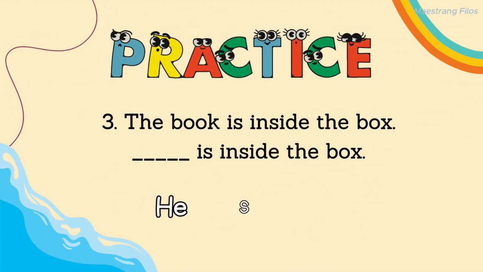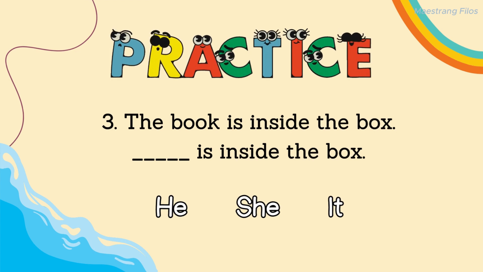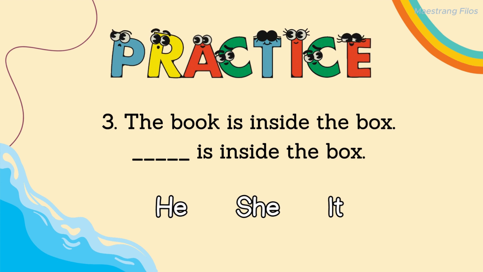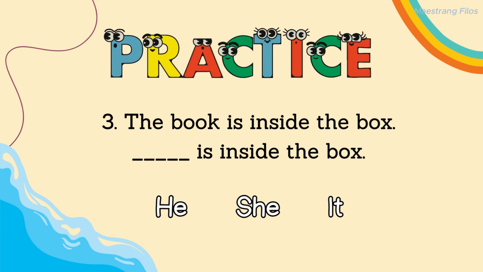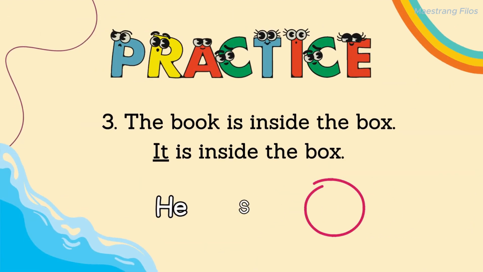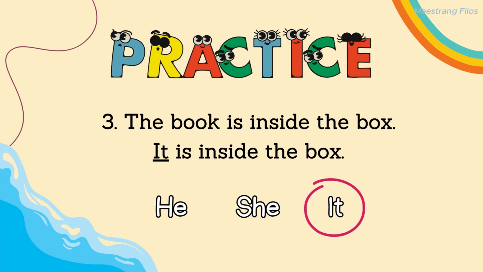Number 3. The book is inside the box. Blank is inside the box. Which is the correct pronoun? He, she, or it? Correct! The answer is it. It is inside the box.